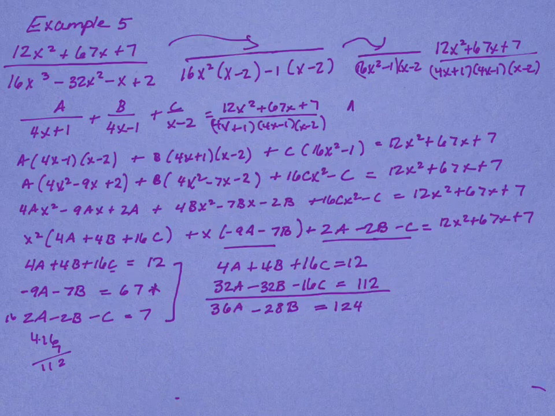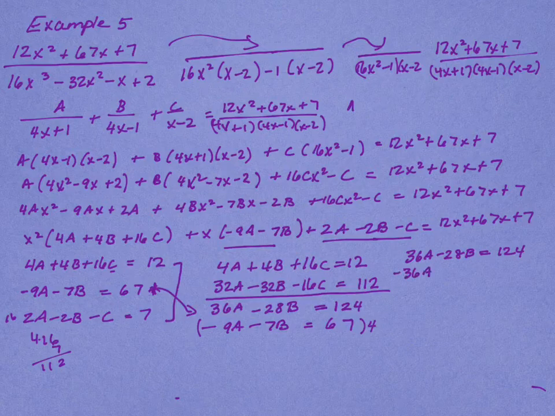So now I just have an A and a B and no C. So then I have negative 9A minus 7B equals 67, looking at this one right now. If I multiply this by 4, I'll get rid of my A. So rewrite this, 36A minus 28B equals 124. And this would be negative 36A, I'm multiplying that by 4, so minus 28B.